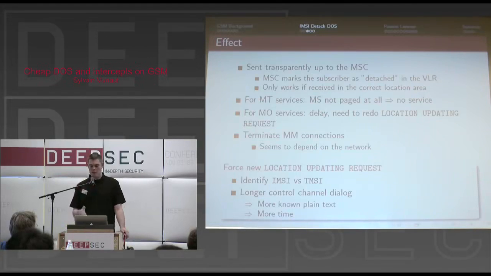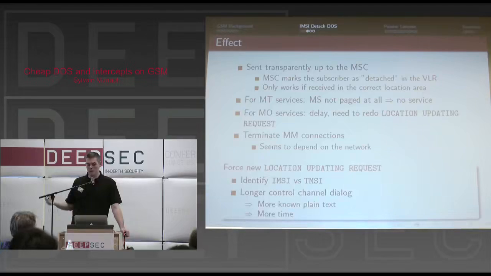But since you can force the renegotiation, you can actually uncover the relation between the two. Also, since you create more control traffic, that's good for an attacker, because control traffic means lots of known plaintext, which is great if you want to break the ciphering key. And the ciphering key will probably be the same for the subsequent voice call, so you don't even have to crack it again.